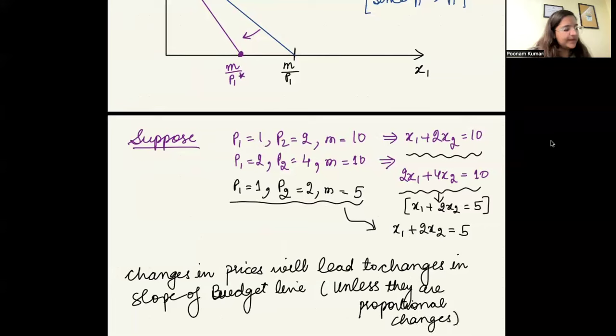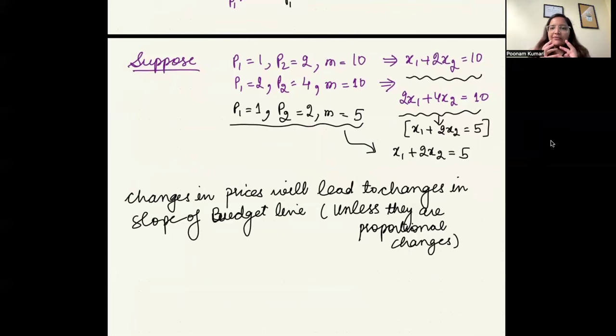And then if we try to mix things up, that prices also change and income also changes, you can always see that multiple things could be happening. There will be shifts, there will be tilting, all of these things can mix and match.